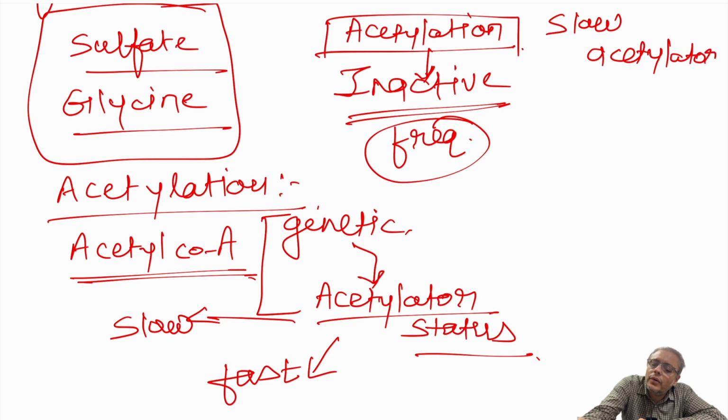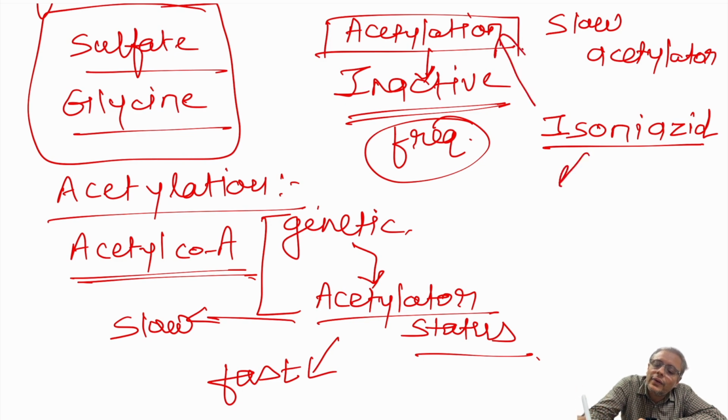The classical example is isoniazid. It is metabolized through acetylation, and there are slow acetylators and fast acetylators.